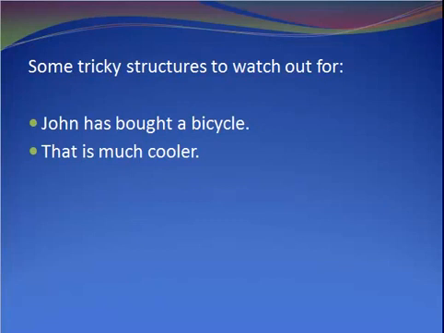Now, there are some tricky structures to watch out for. So if you've got something like John has bought a bicycle, has is actually present tense. But if you think about the event, John has bought a bicycle, it's already happened. So the actual event is in the past, but the way we talk about it is using present tense.